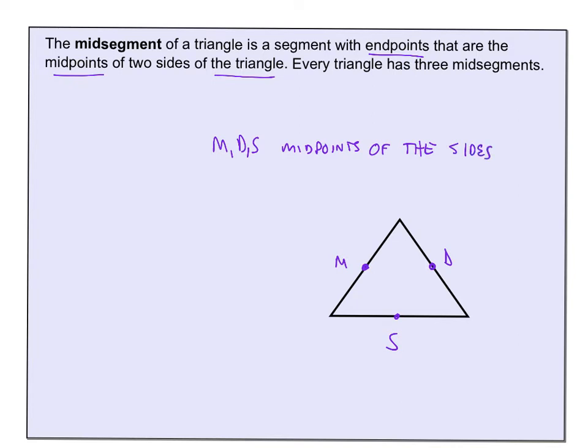Every triangle has 3 mid-segments. So MD is a mid-segment, MS is a mid-segment, and DS is a mid-segment. The reason is because these all cut the sides in half. A mid-segment of a triangle is the connection of midpoints.